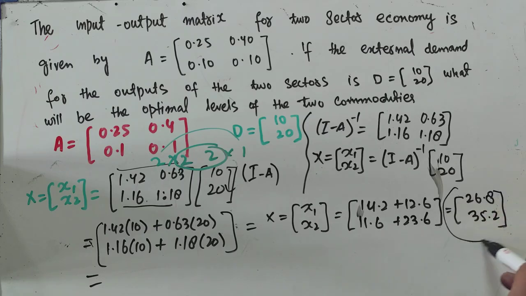Okay, so this should be the value at optimal of x1 and x2, that is the optimal levels of the two commodities.